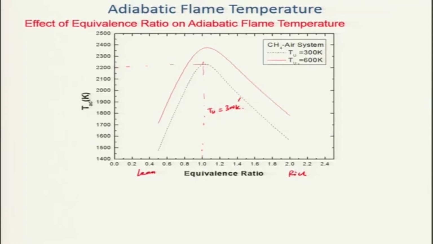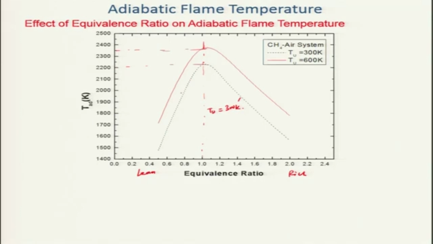And when the inlet temperature or unburnt temperature is 600 Kelvin, then naturally there will be an increase in the temperature of the product. For the same equivalence ratio they will have higher values, maybe around 2350 Kelvin.